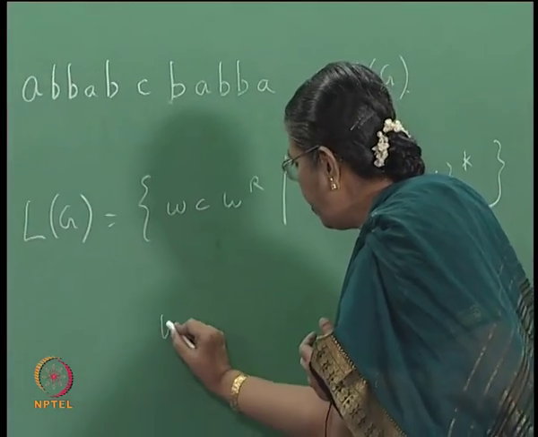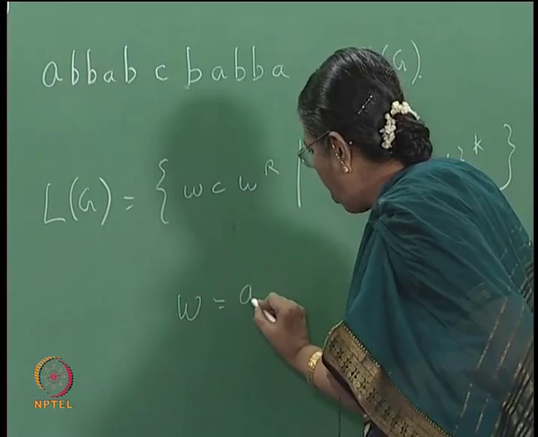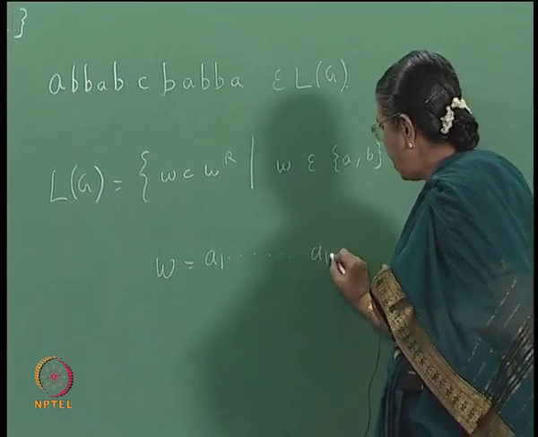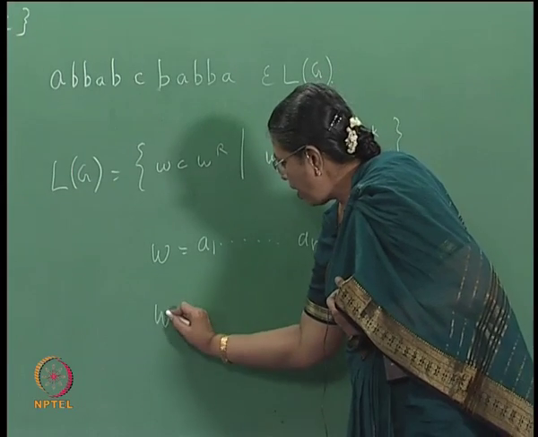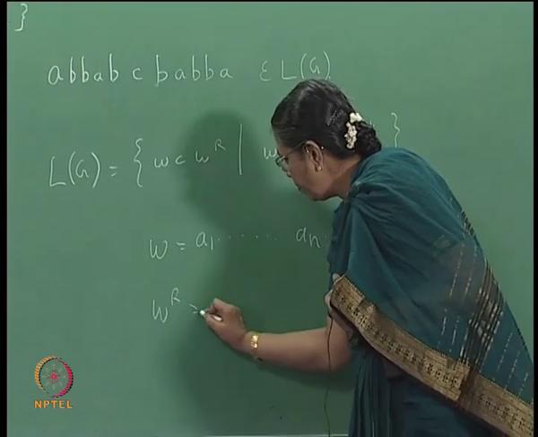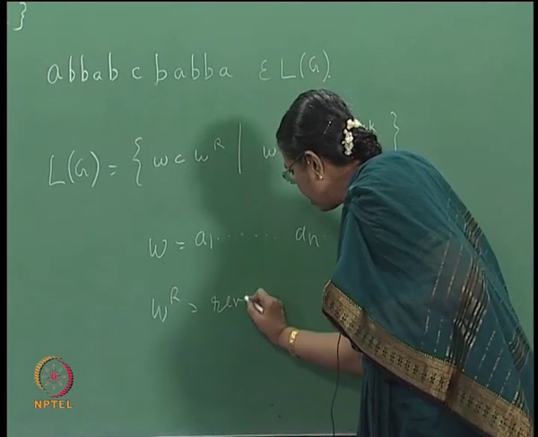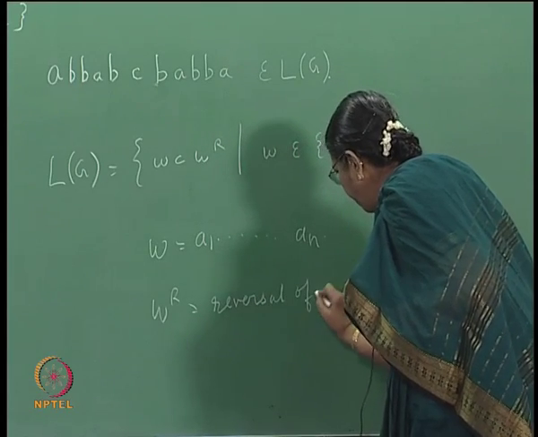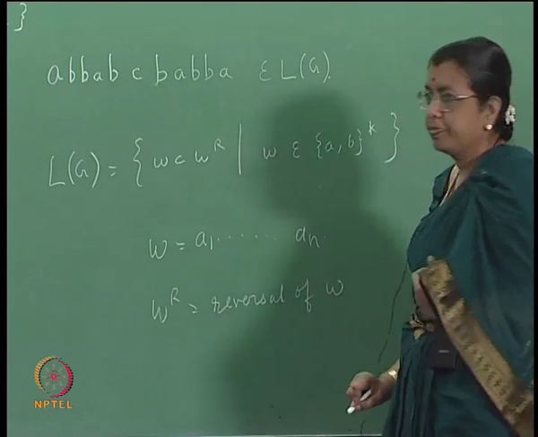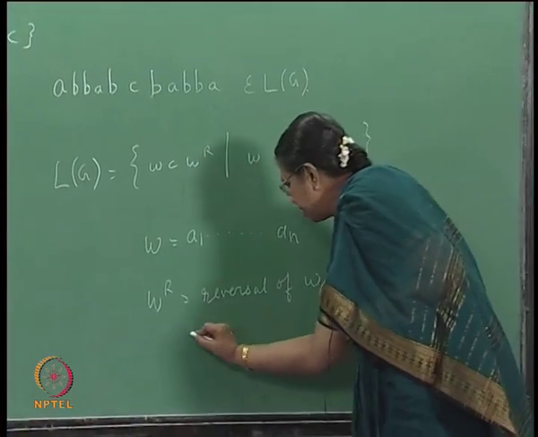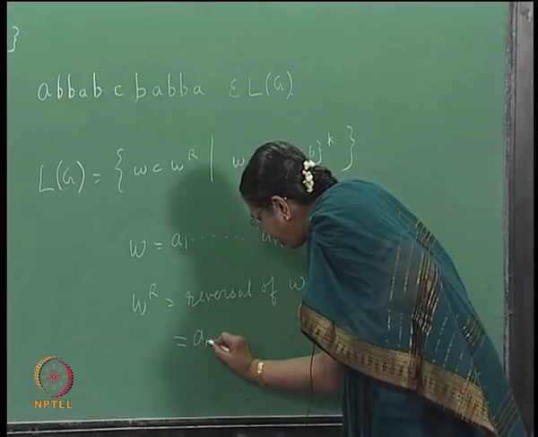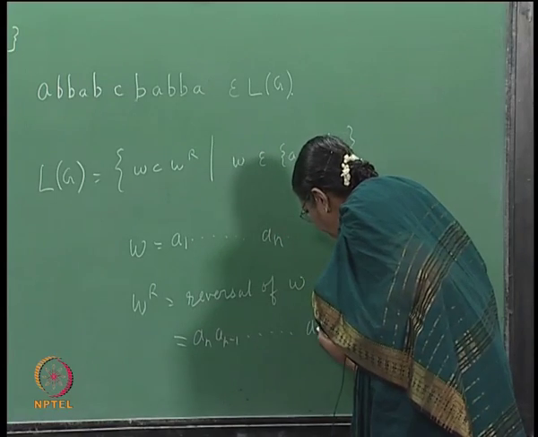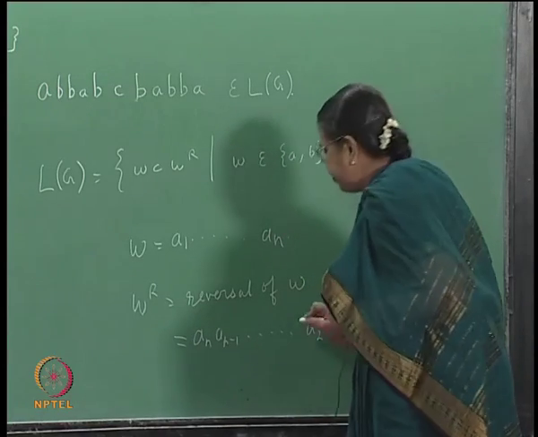Now, if W is a string of the form A1, A2, ... AN, W R is the reversal of W, and that is nothing but AN, AN minus 1, ... A2, A1.